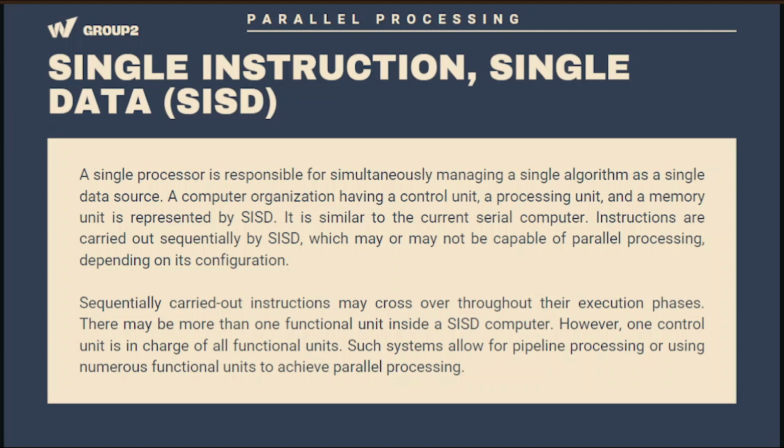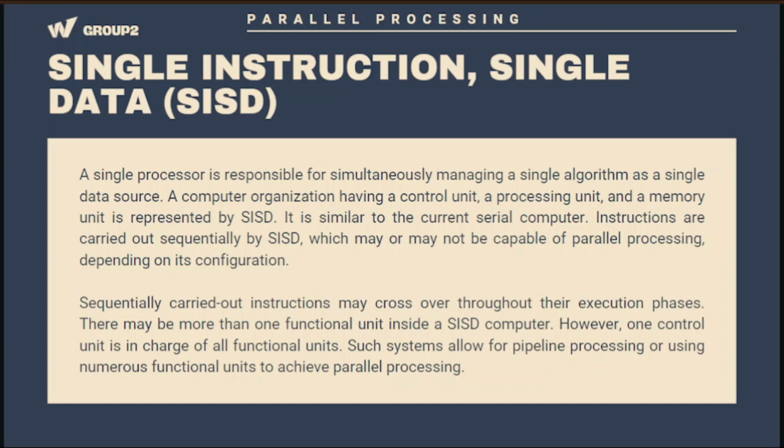Sequentially carried out instructions may overlap throughout their execution phases, and there may be more than one functional unit inside a SISD computer. However, one control unit is in charge of all functional units, such a system allows for pipeline processing or using numerous functional units to achieve parallel processing.